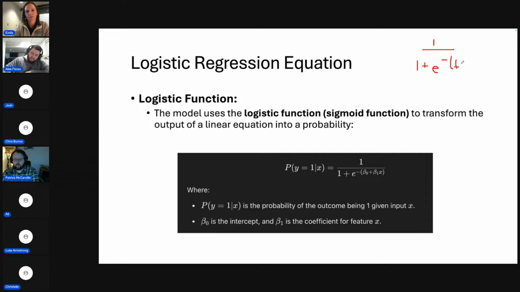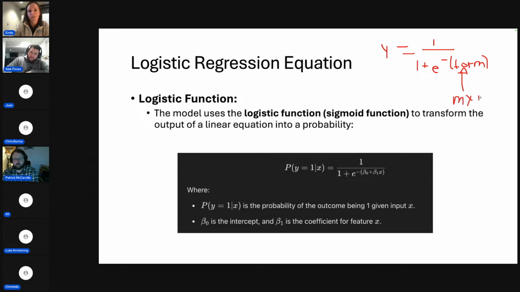I'll call it form. I can't type on here, this is really hard on a trackpad. 1 over form. This right here is our y equals mx plus b. So y equals 1 over 1 plus e to the negative, and then this is our mx plus b.